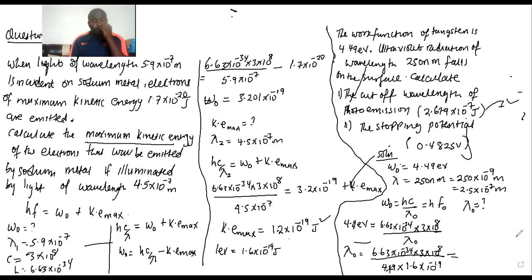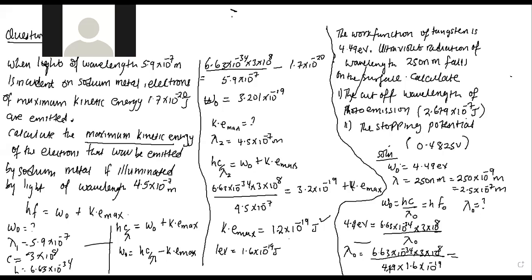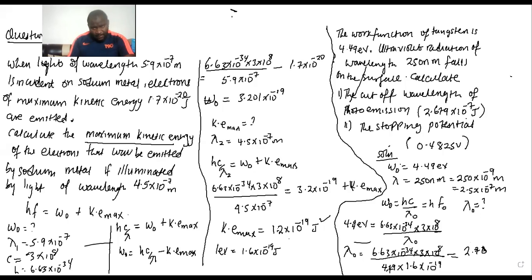2.76 exponent negative 7, which is the exact answer. 2.76.